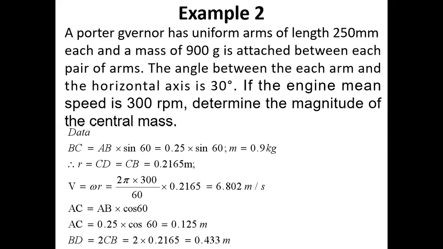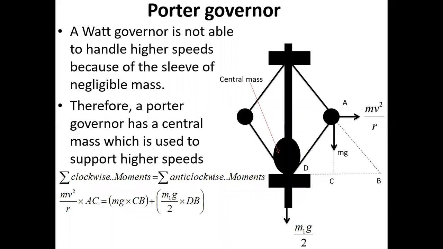And finally, BD is twice CB. How? From point B to point D, you multiply this by 2 because this is the radius. It's like you're asking for the diameter when you've been given the radius.